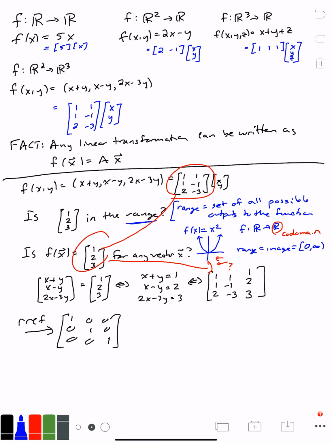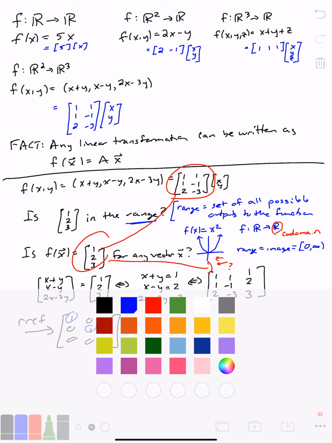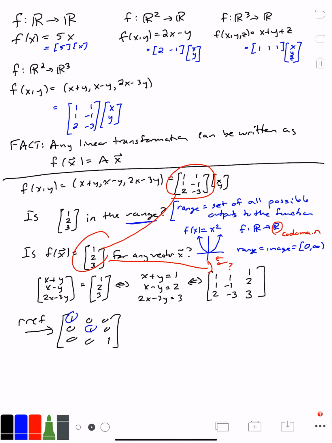And we have pivots here. Now we need to remember though that we only had 2 input variables here, x and y, and that was it. This is an augmented matrix. And so what that means is this last line, it really reads 0x plus 0y equal to 1, or 0 equal to 1.